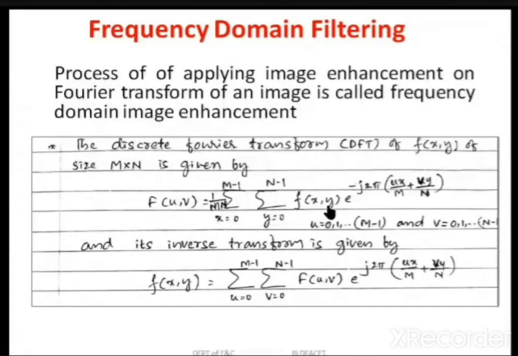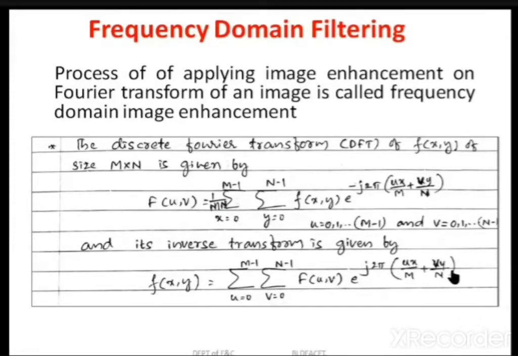And here we have the equation for obtaining the inverse Fourier transform of the signal or image, so that it can be represented as f of x comma y equal to, again, summation u varying from 0 to m minus 1, v varying from 0 to n minus 1, F of u comma v e raised to j2 pi in bracket ux divided by m plus vy divided by n.